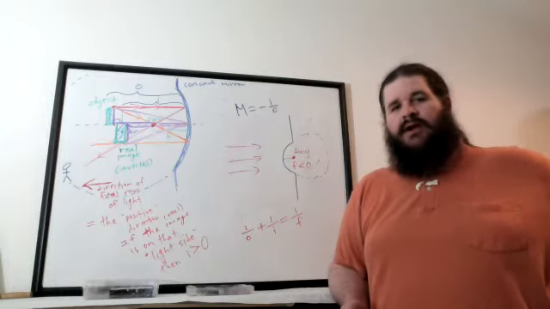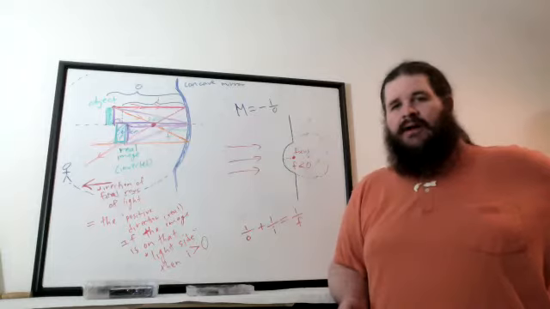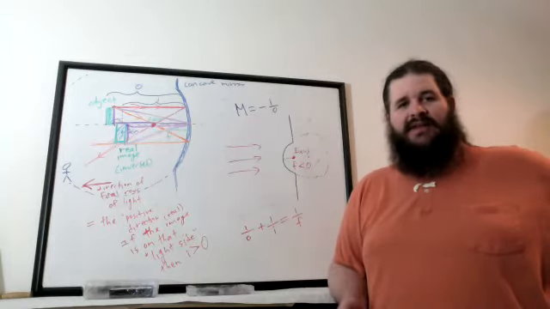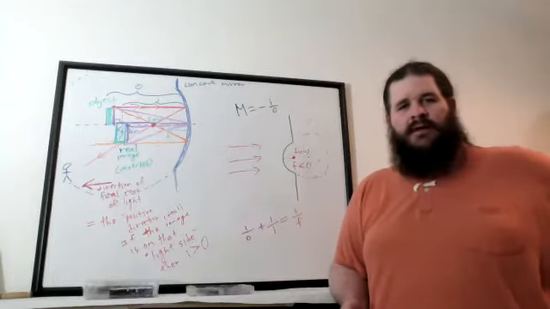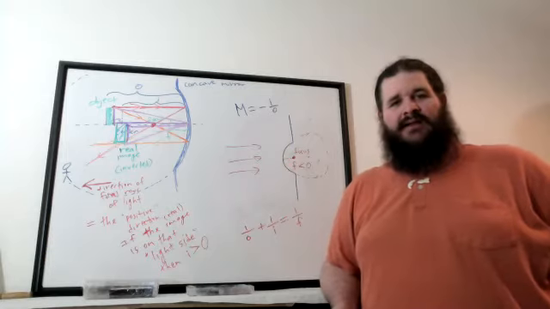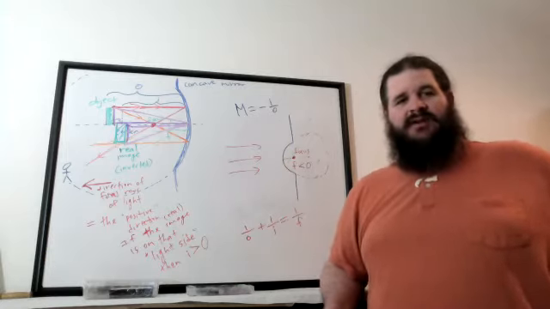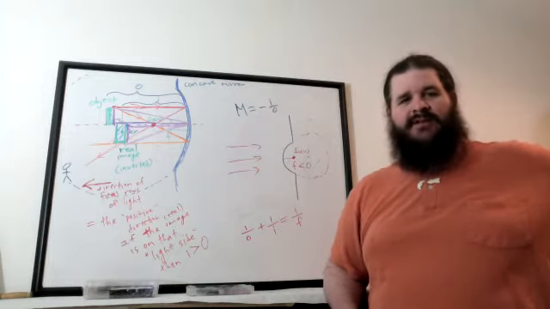So if you don't care about the orientation, whether it's right side up or inverted, if all you care about is the size of the image, then you should be looking at the absolute value of M. For instance, if M is -3, that means the image is 3 times as big as the object and upside down. If M is +3, then the image is 3 times as big as the object and right side up. But in both cases, the image is 3 times as big as the object.